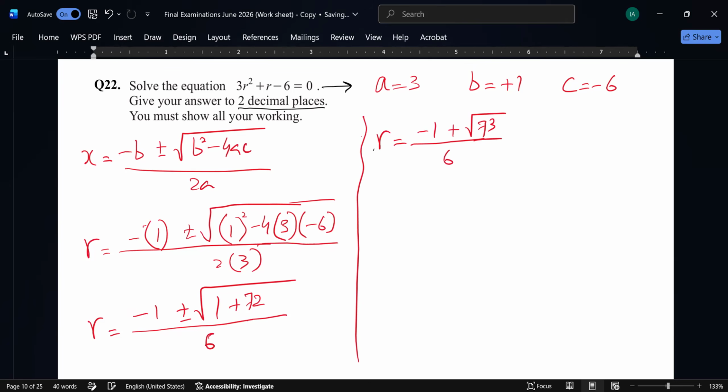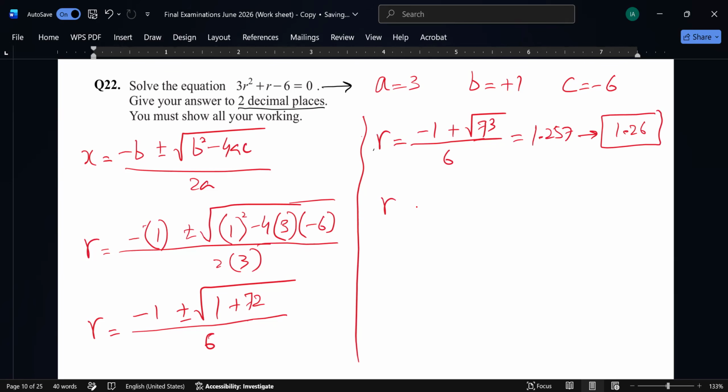That's my first answer, and let's calculate it right now. -1 plus square root 73 divided by 6 is 1.257. But it should be in two decimal places, therefore the answer is going to be 1.26. That's the first value of x.